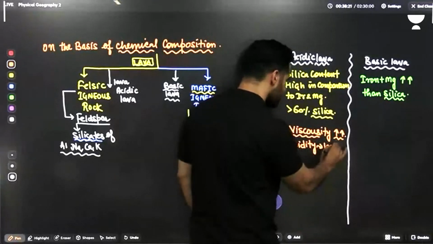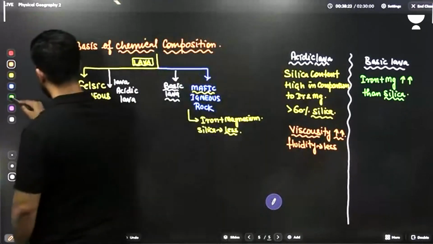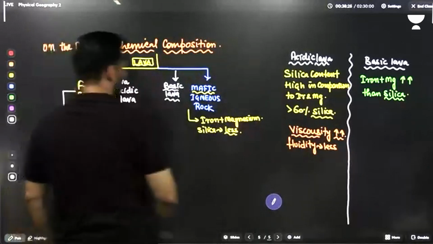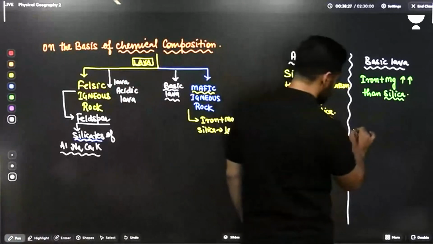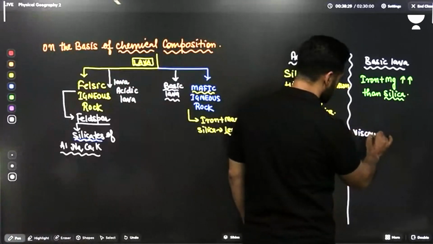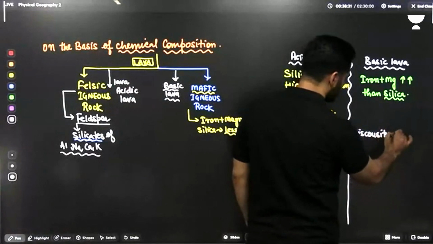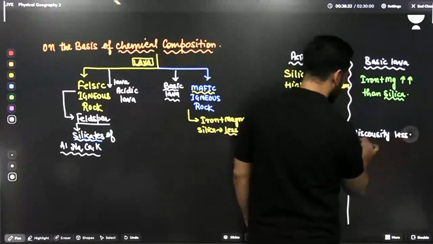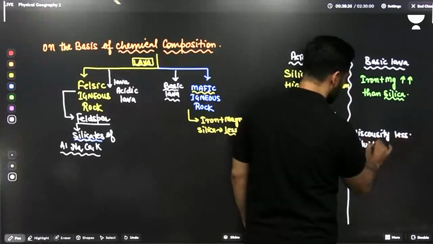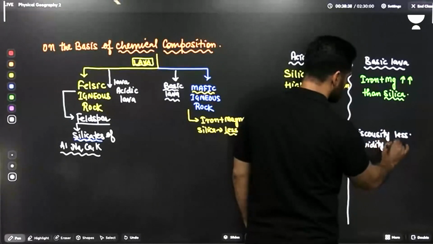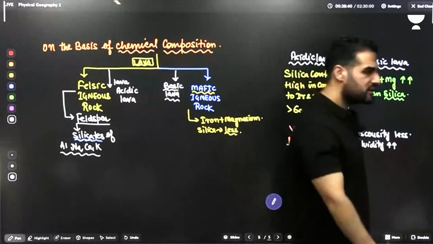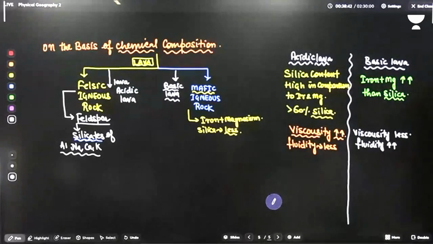In comparison to that, in basic lava, you will remember viscosity will be less. So what will be fluidity? High. It means in areas where you have acidic lava eruptions, the moment this lava comes out, will it travel more or less?